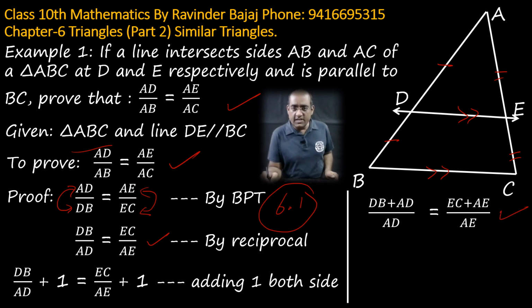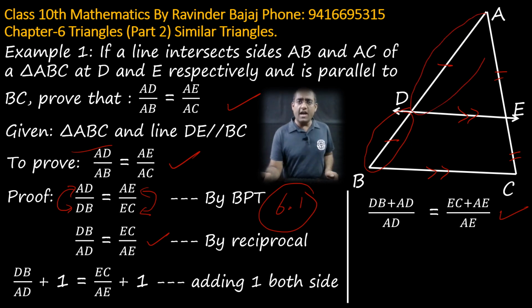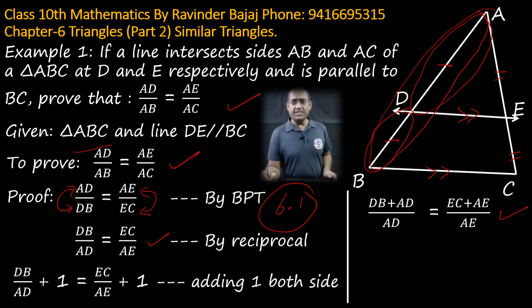Now take care from the figure. DB plus AD: this line DB, this line AD, if I add these two lines, it will become AB. BD plus DA is AB, the complete side of the triangle.